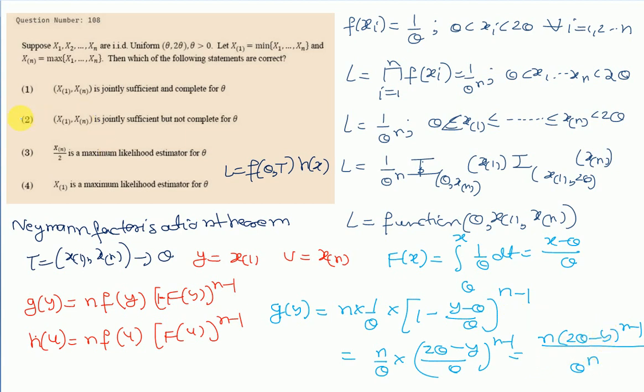Now we are going to find the density function of the maximum. So how will we find the density function of the maximum?